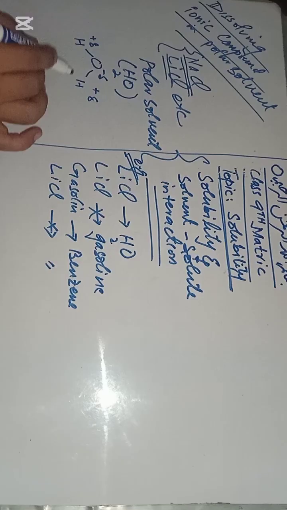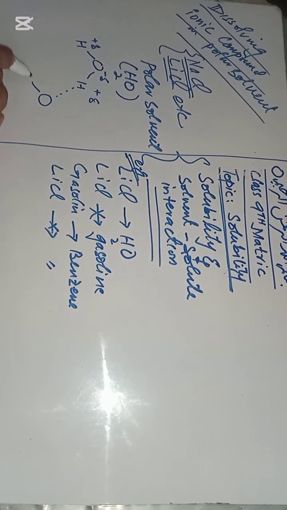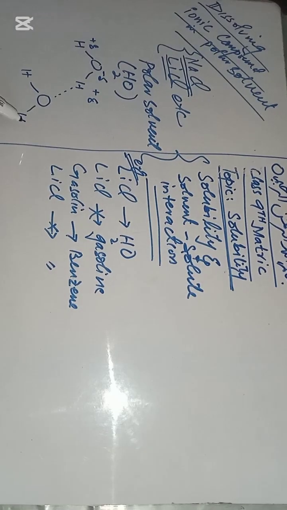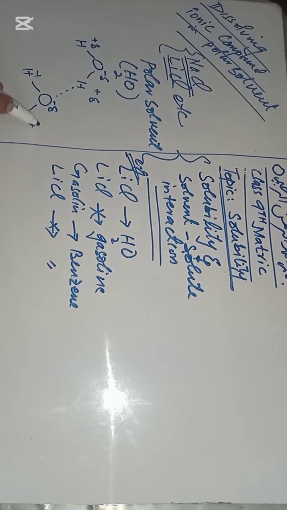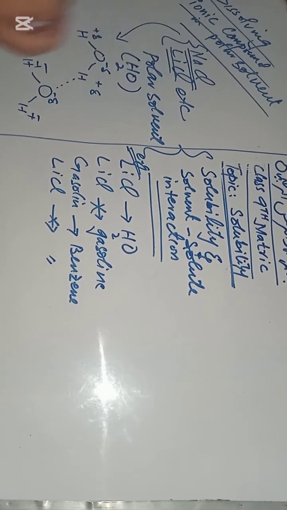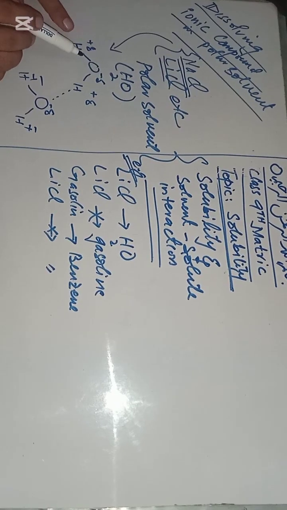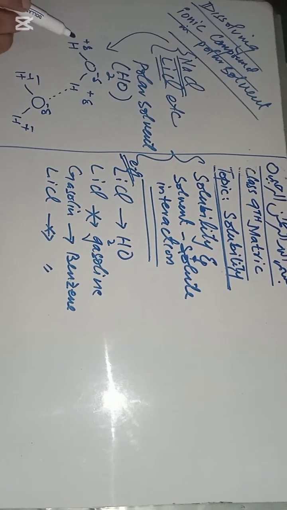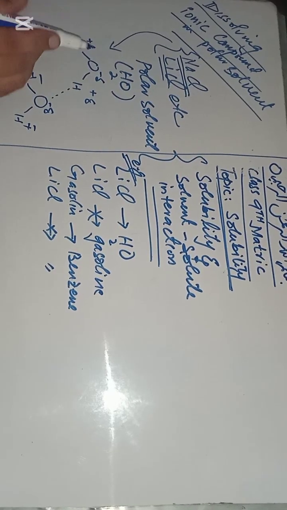Once it is attracted by another oxygen. Clear? Once we are putting an ionic compound in, what happens is that the negative end of the water molecules and the positive end of the ionic compound attract each other.